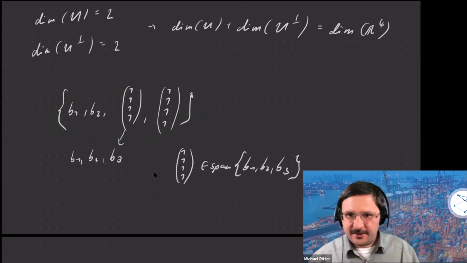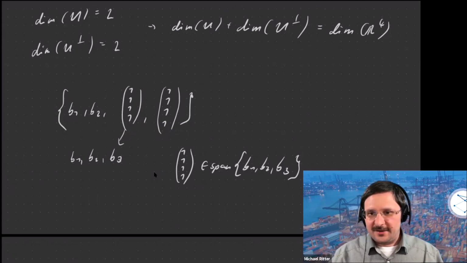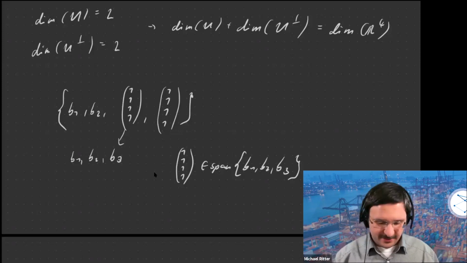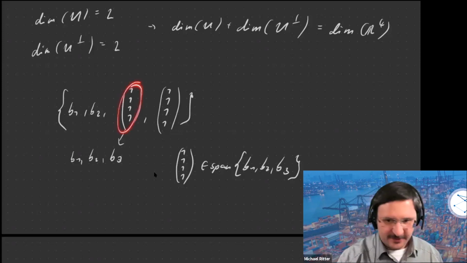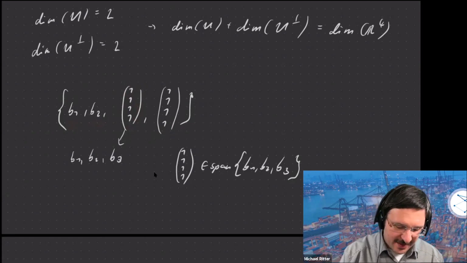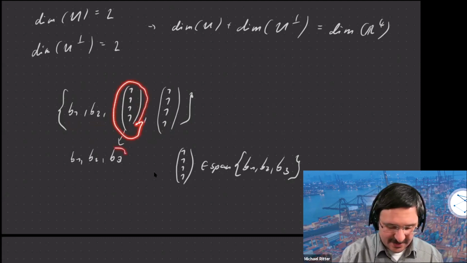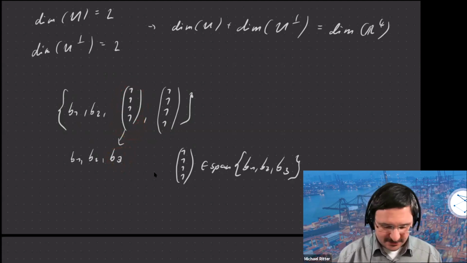Because together, those have all the components that you need to compose 1, 1, 1, 1. That's exactly what you did here: you composed that vector by its B1 part, its B2 part, and then you added the orthogonal rest as B3.